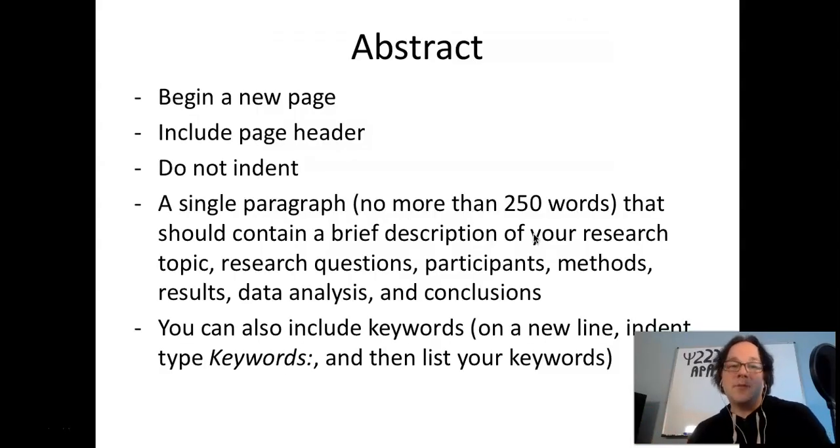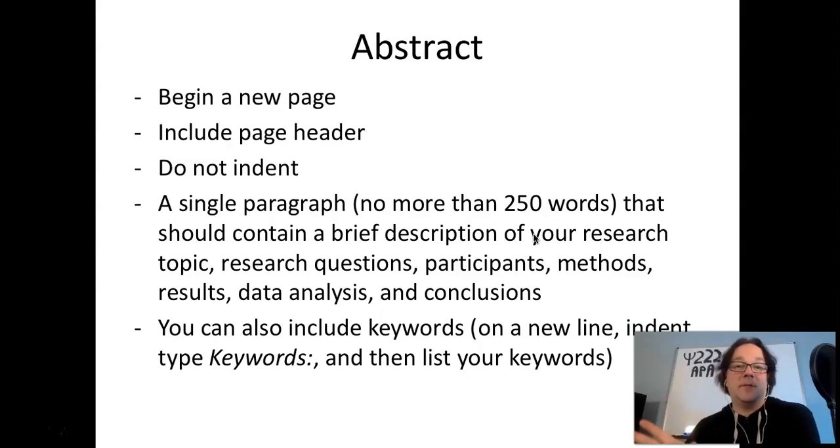Moving on to the abstract. So the abstract, we said it is its own section, so it gets its own page. So we begin on a new page with the abstract, and this is where we first start seeing what's known as the page header. And the page header is basically just a shortened version of your title.